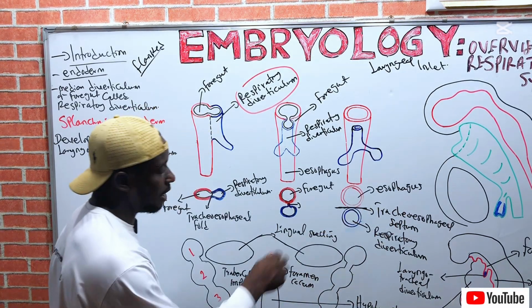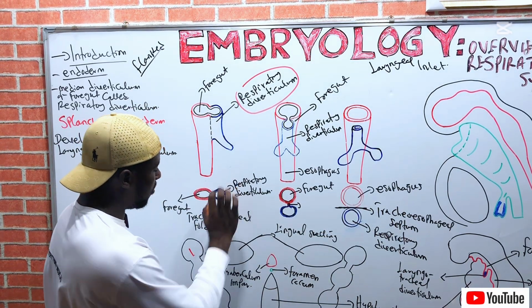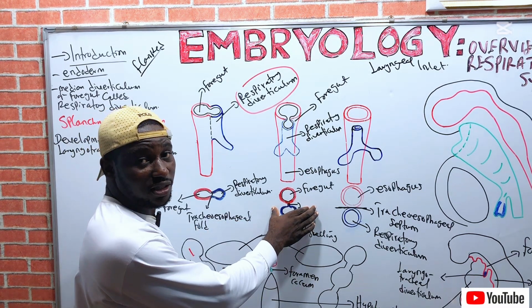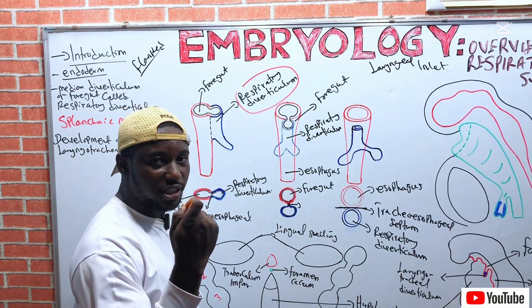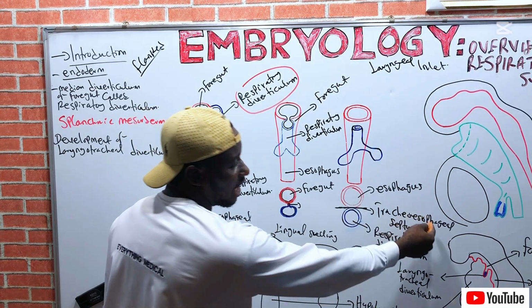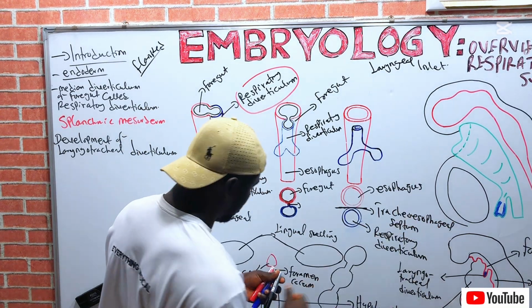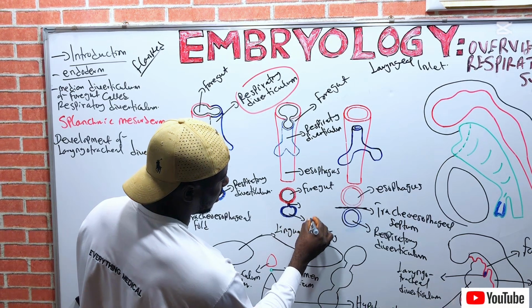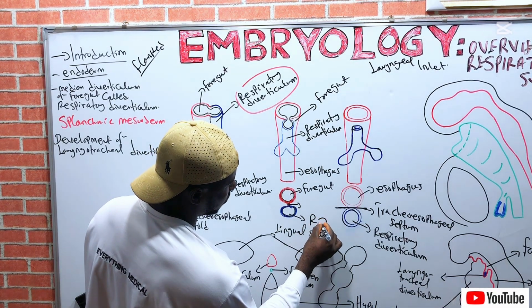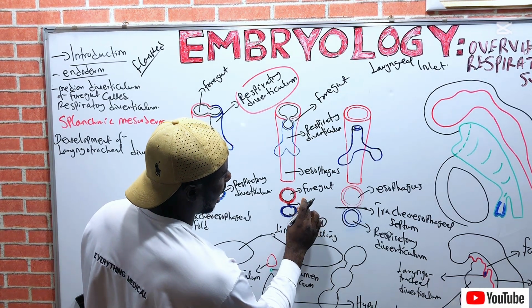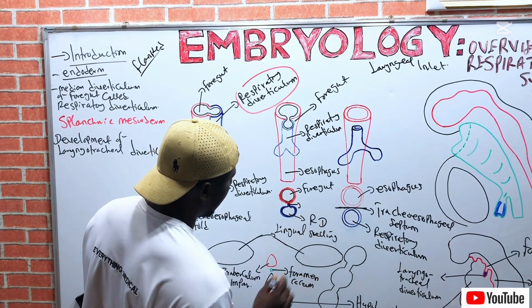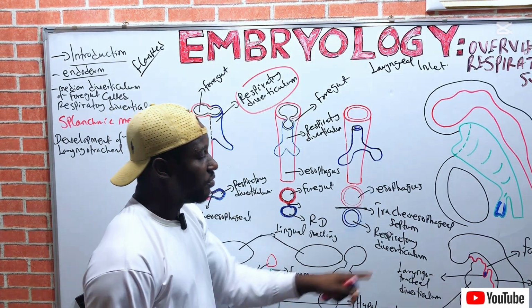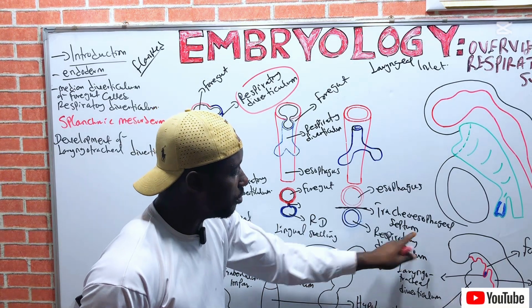As you can see here, this is how they begin to form. Here is the tracheoesophageal fold. As it gets to this state, it fuses in order to form the tracheoesophageal septum. So this remains our respiratory diverticulum. This remains our tracheoesophageal fold because it fuses to form the tracheoesophageal septum.